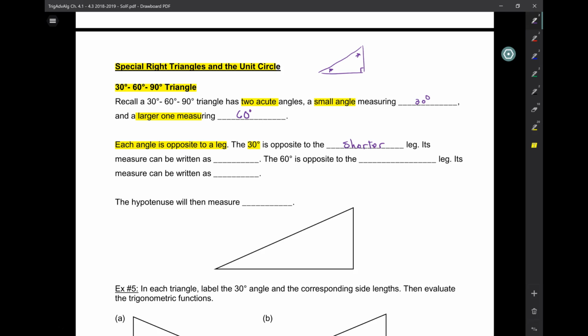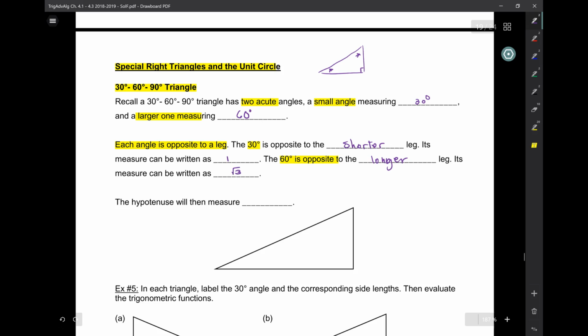Its measure can be written as any number. We like the number 1 for the shorter leg. The 60 is opposite to the longer leg, and its measure can be written as how much? If the short is 1, then that is 1 root 3, so root 3.